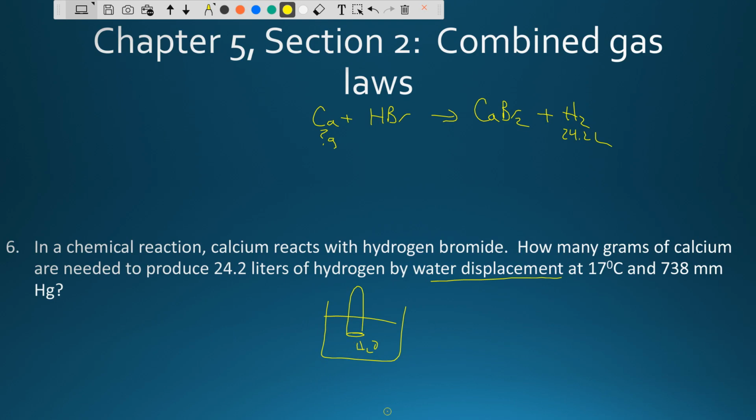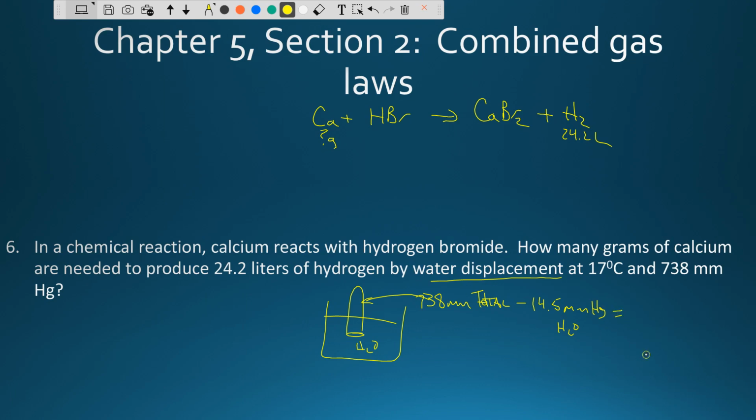Inside we have a pressure of 738, but that's total. If I use my chart, which would be provided in the problem, or we'll look it up on our chart, at 17 degrees Celsius, water has an evaporating pressure of 14.5 millimeters of mercury. This is my water.